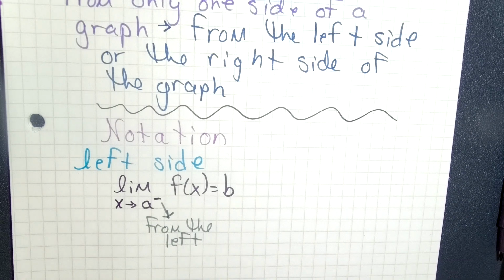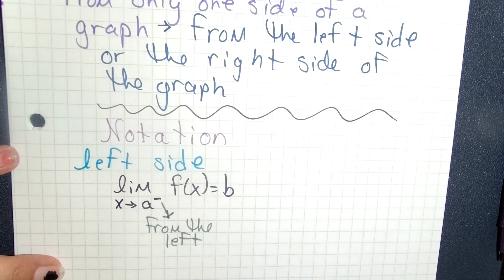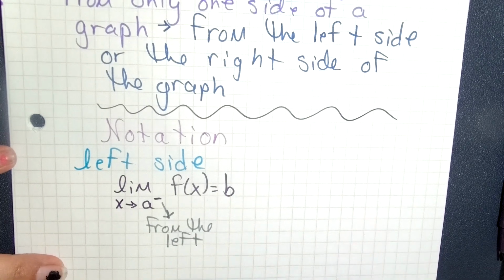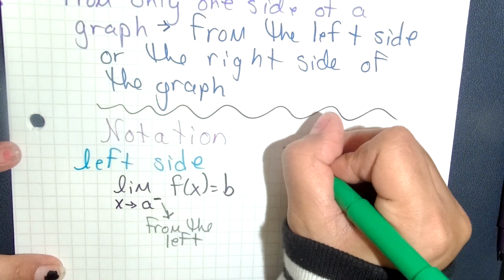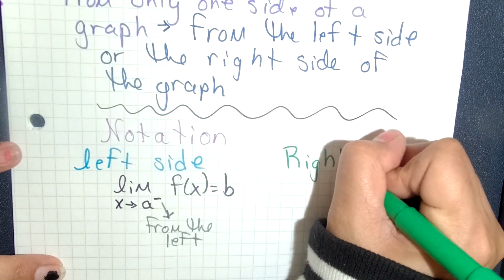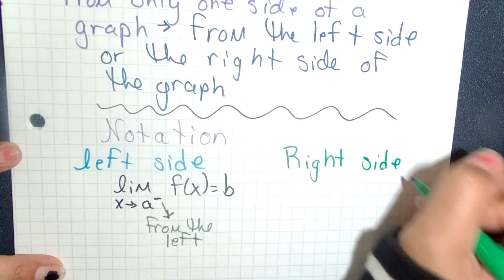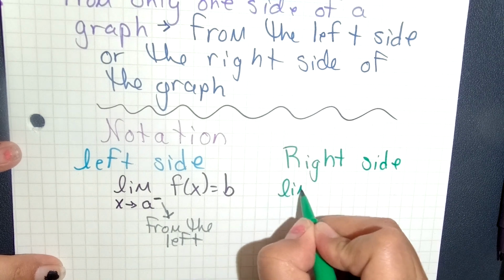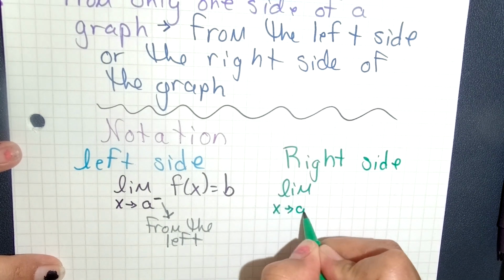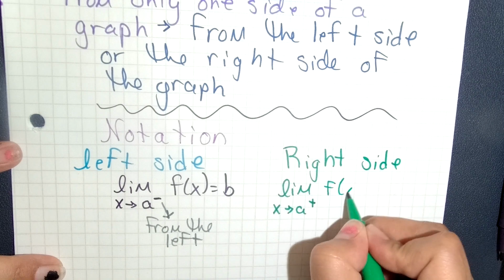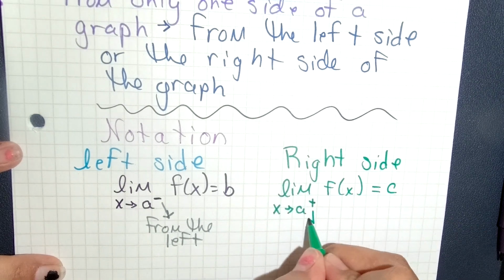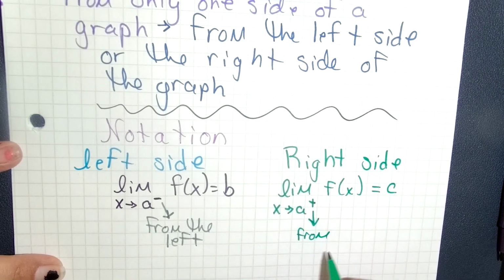So if the negative sign means from the left, what do we think is going to be from the right? What other sign do we have? Positive. So the right side is the limit as x approaches a from the right of f of x is equal to c.